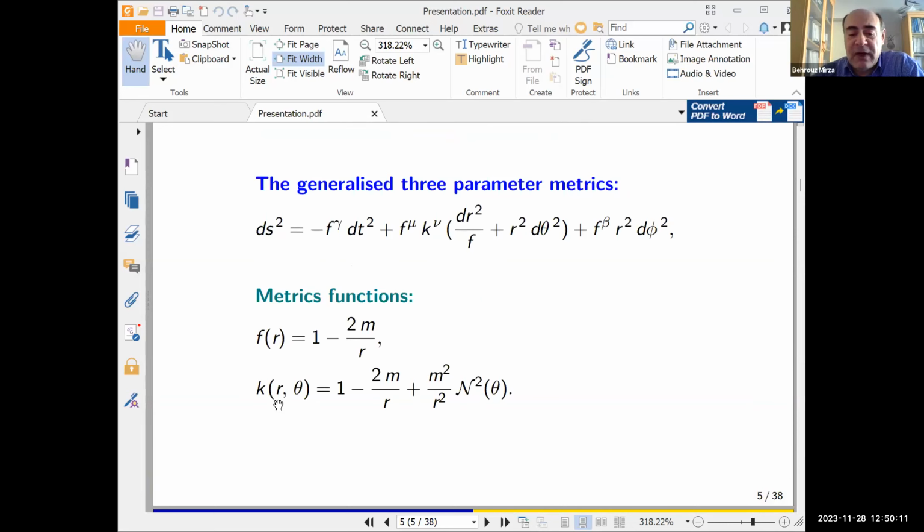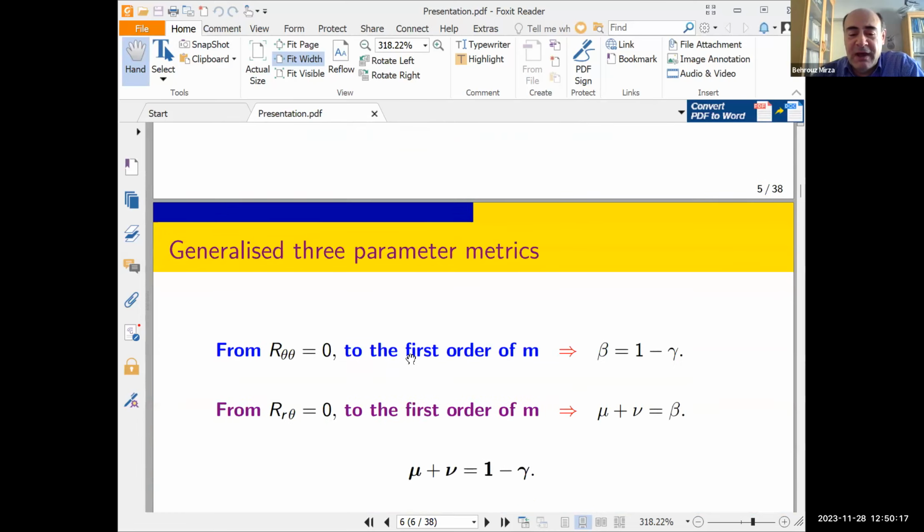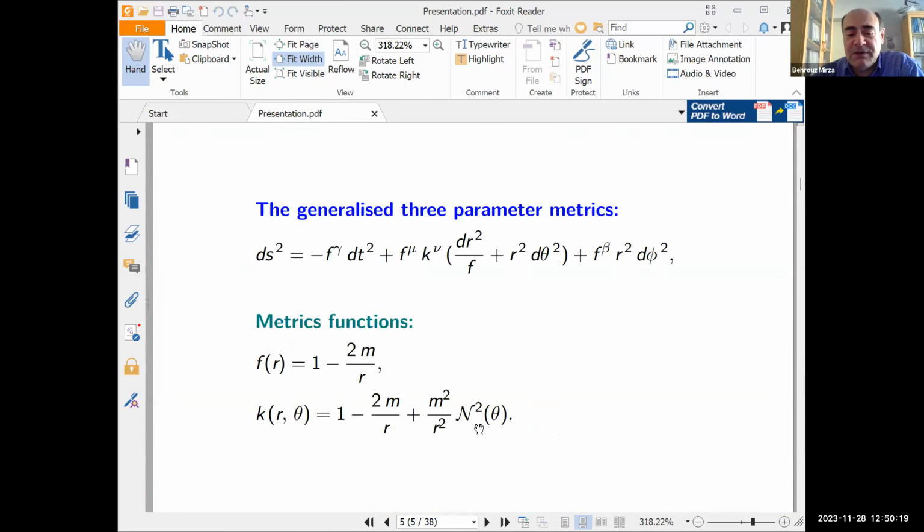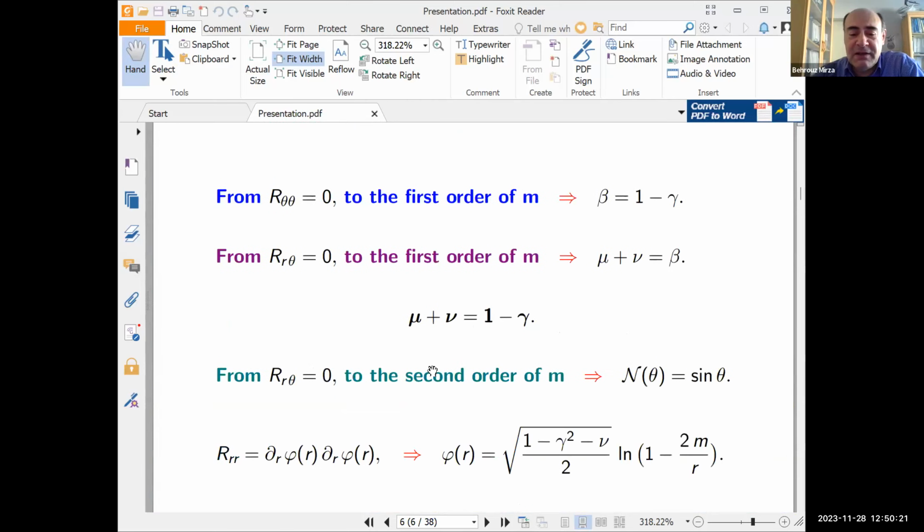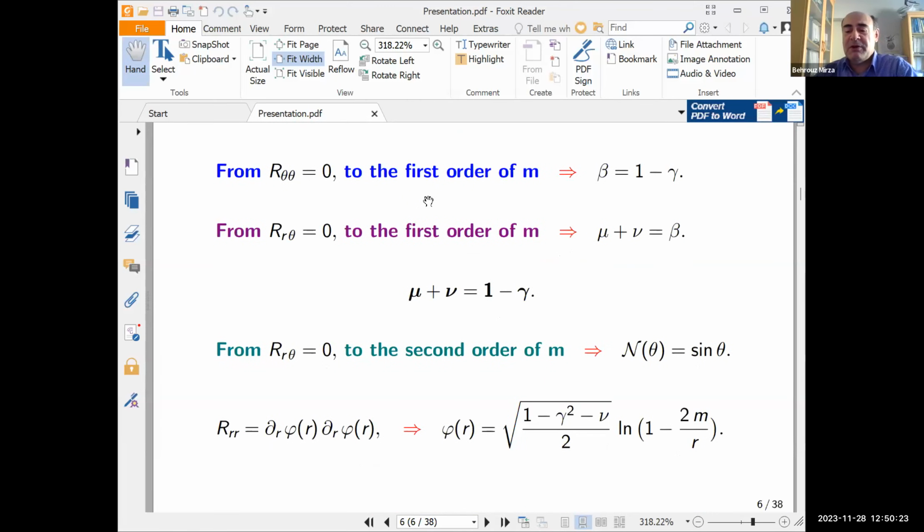These functions f and k are, as you see, as usual, and we can find these functions exactly by a simple method, which is a perturbative method, using perturbation up to first order in M. Using R theta equal to 0, we find beta is equal to 1 minus gamma.